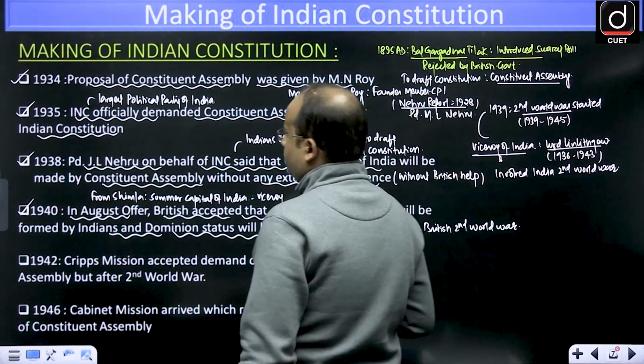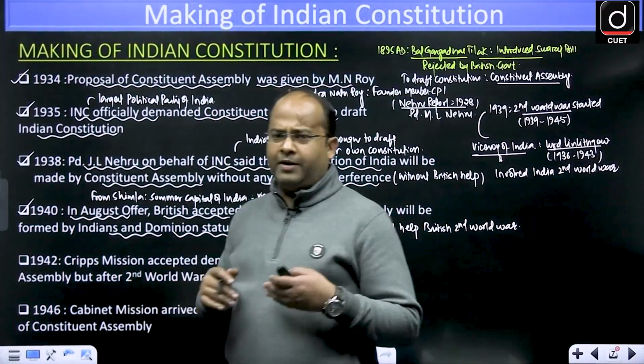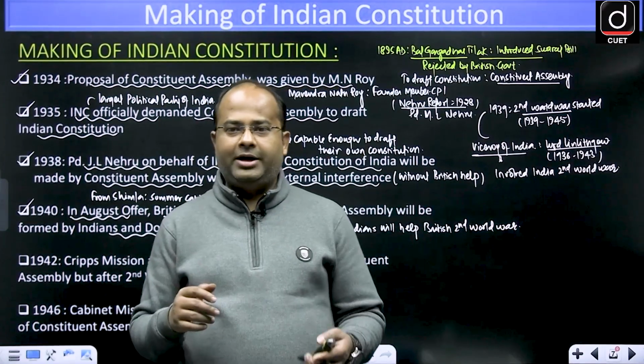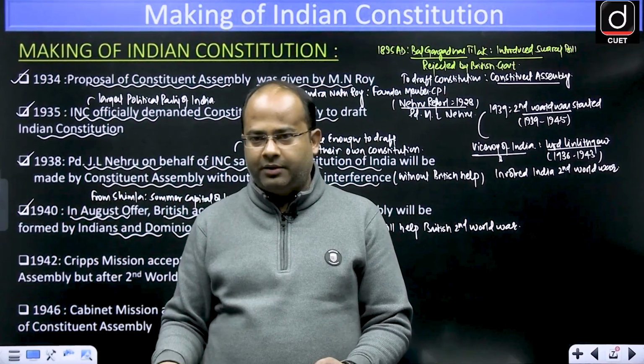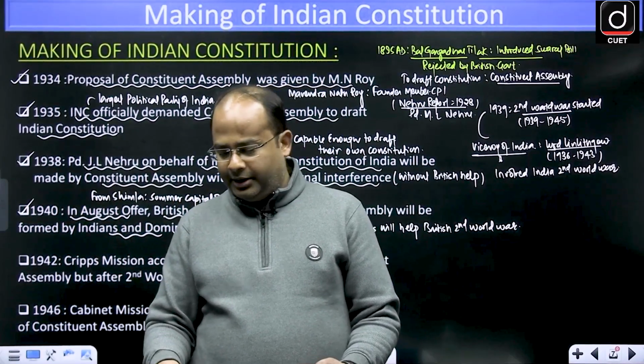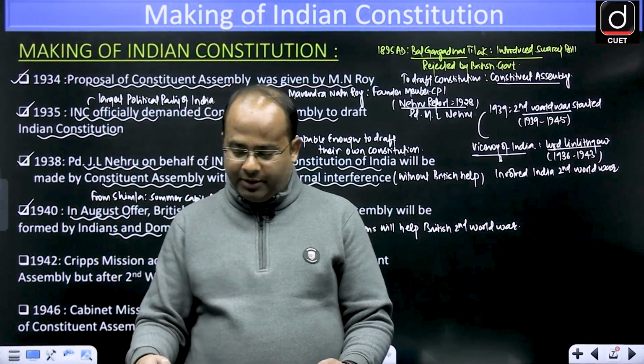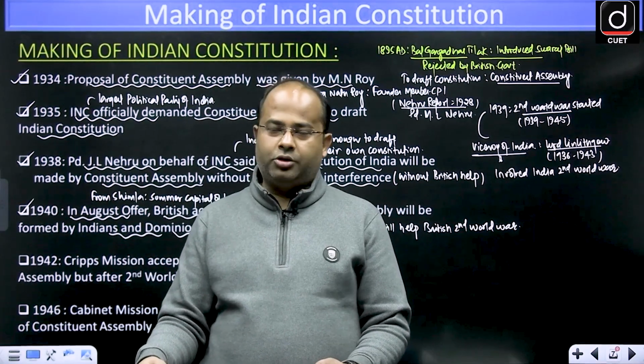So simply guys, Lord Linlithgow gave an offer. An offer is give and take: with one hand you give us something, with the other hand you take something from us. So in August 1940, the August Offer was given by the British Viceroy Lord Linlithgow.